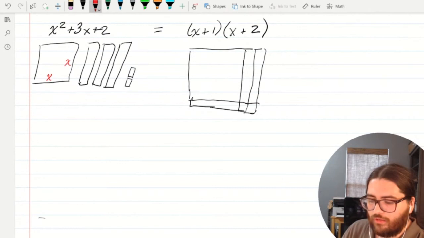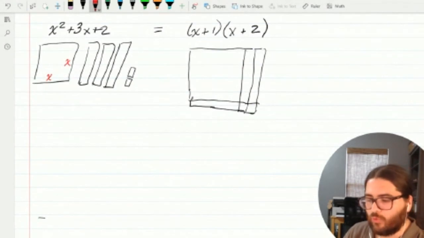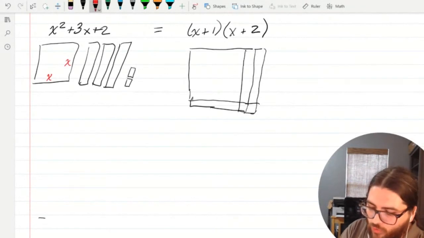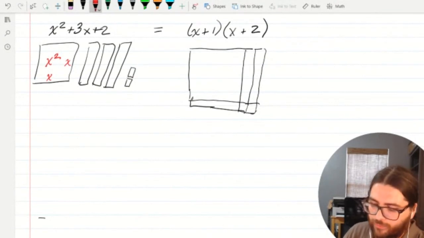Imagine this square is x on one side and x on the other side. I know the area of a square is length times width. So x times x, the area of that square block is x squared. That's why the x squareds will be represented with the big squares.